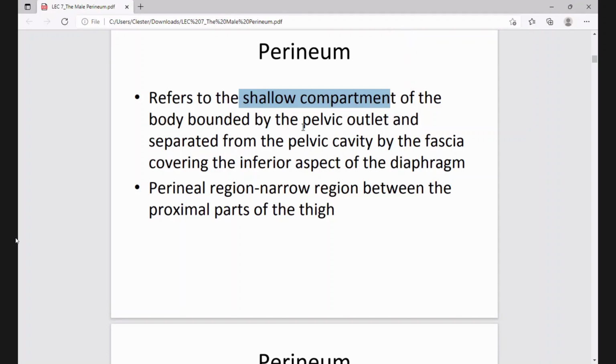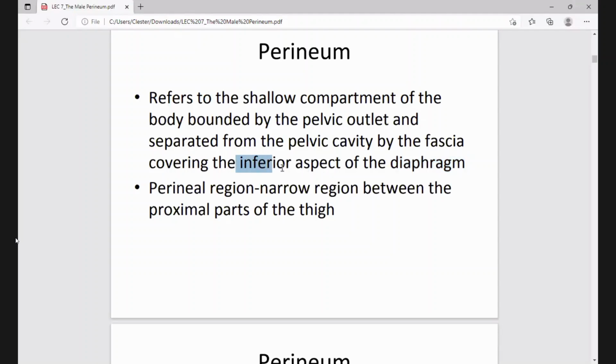bounded by the pelvic outlet, separated from the pelvic cavity by the fascia that is covering the inferior aspect of the diaphragm. What diaphragm is this? The pelvic diaphragm. The pelvic diaphragm that we discussed in our lecture on the pelvic cavity is covered by two layers of fascia, the superior and inferior.